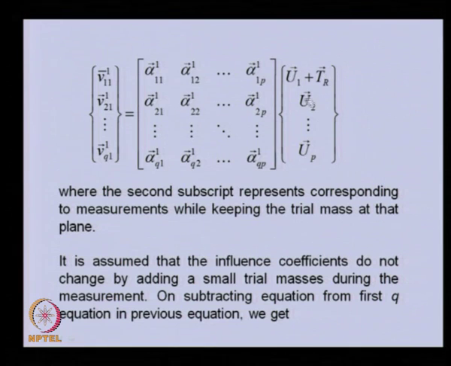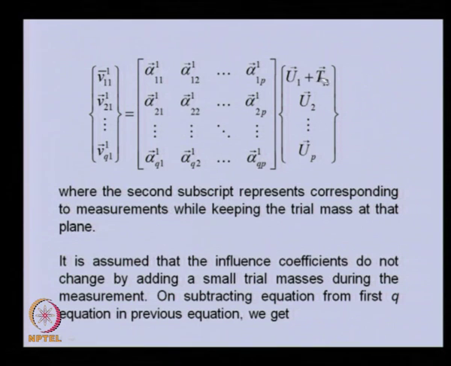So these are residual unbalances which we do not know, we want to find out these, but the procedure which I am explaining here is to obtain the influence coefficient first. If we can get this from the previous equation, we can get these unbalanced responses, these residual responses. So this trial mass we know the magnitude and orientation of.